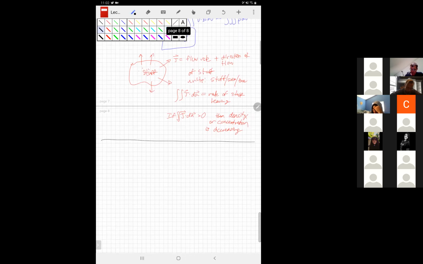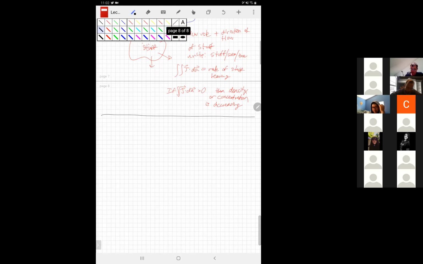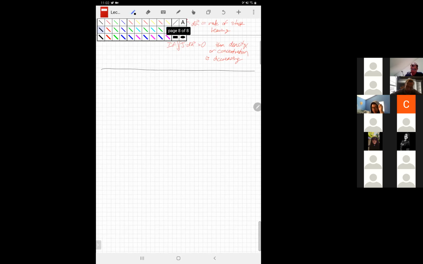Now, the divergence theorem also leads us to a surprising result. We know that del dot E is equal to rho. Now, let's say we've got a point charge Q at the origin.